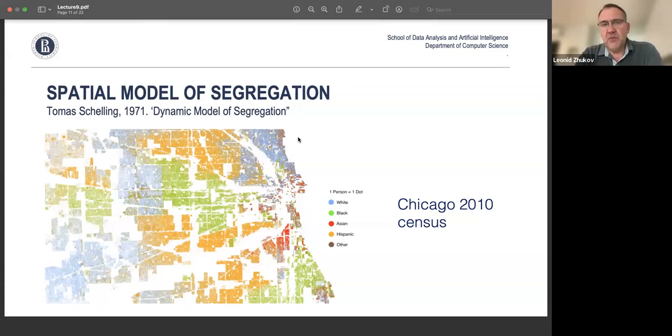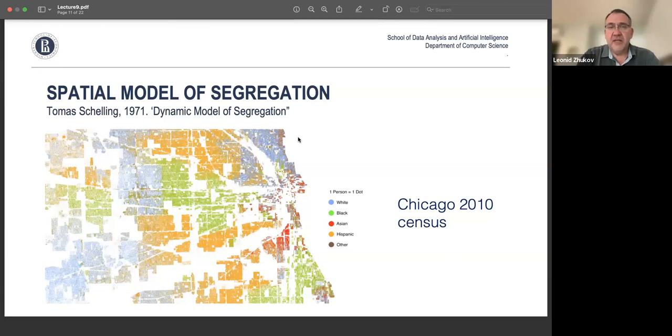Within the spatial model of segregation, the paper talks about the fact that when people populate cities, they in fact segregate. In his paper, he talked about race and the fact that when you look at the cities, people of similar race tend to live next to each other.